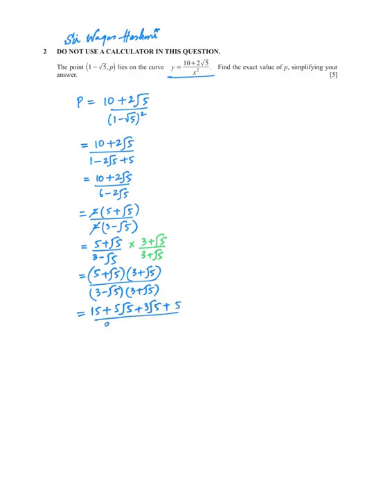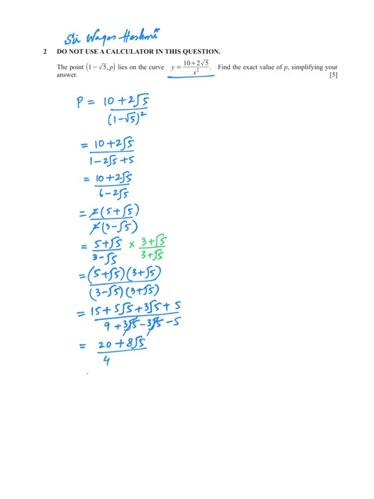Divided by 3 times 3 is 9, plus 3 root 5, minus 3 root 5, minus times plus is minus, and it is 5. So in the numerator, 15 plus 5 is 20, plus 5 plus 3 is 8 root 5. Divided by 9 minus 5, it's 4, and plus 3 root 5 and minus 3 root 5 cancel. So we have only 4 in the denominator.